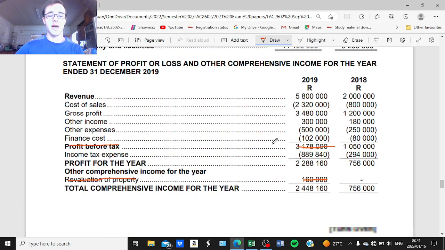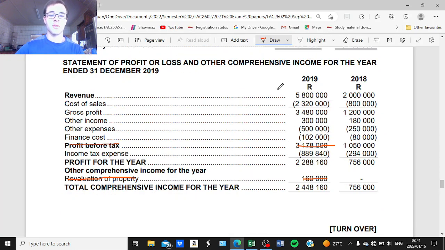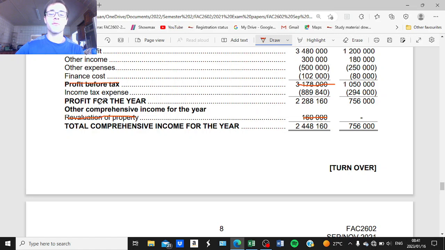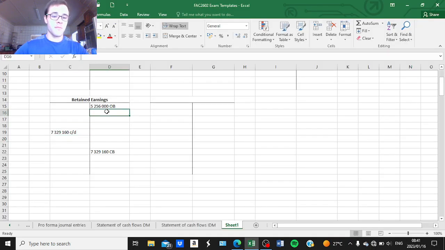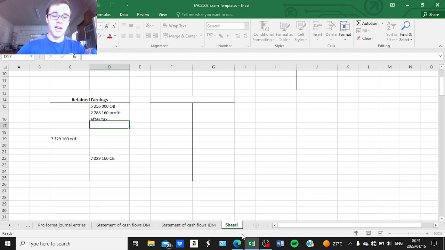Okay. Then we need to take into account the profit after tax, which would have been credited to the retained earnings account. And according to our statement of profit or loss and other comprehensive income for the 2019 financial year, our profit after tax, which is the same as the profit for the year, amounted to 2,288,160. So 2,288,160 was the profit after tax, which was credited to the retained earnings account.